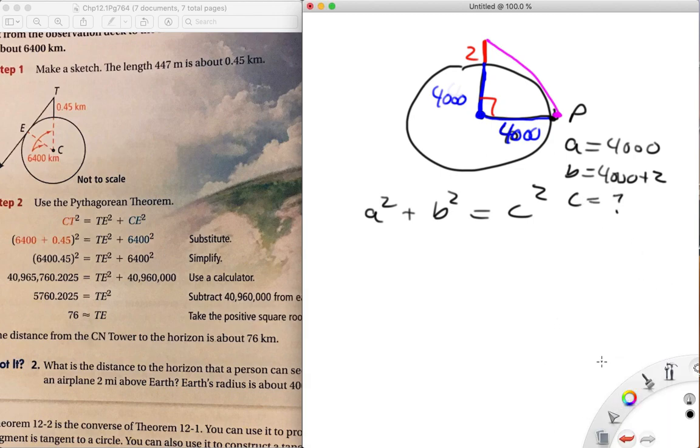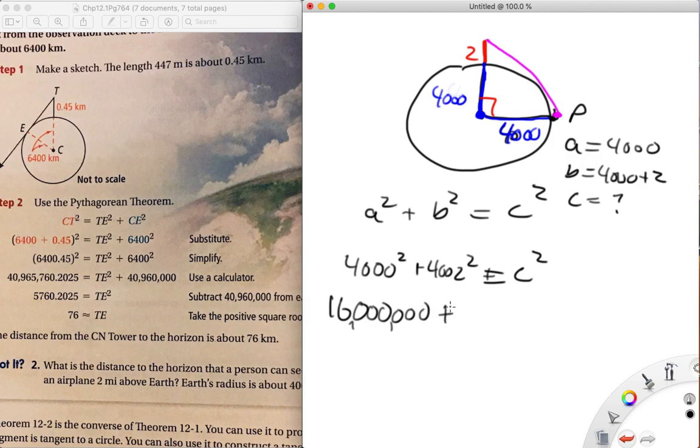So this is going to be 4,000 squared plus 4,002 squared equals C squared. So 4,000 squared is a huge number, 16 million.